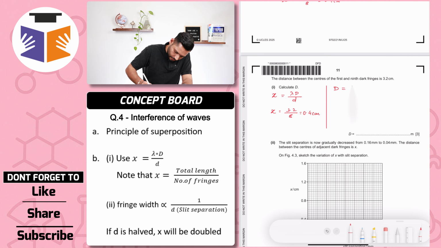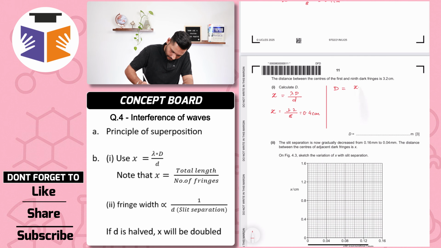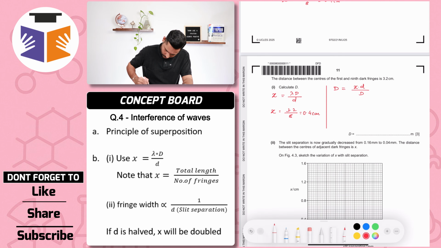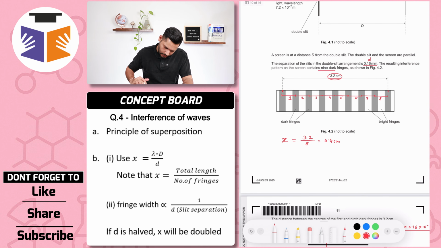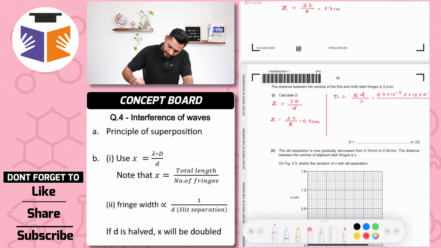So capital D will be equal to x into d upon lambda. So x is 0.4 centimeter. So we have to convert that and write it in meter. Small d is also in millimeter. So it will be 0.16 into 10 raised to minus 3, and then wavelength, which is 7.2 into 10 raised to minus 7.